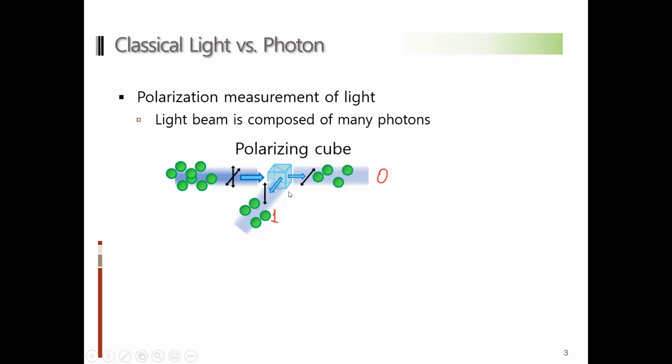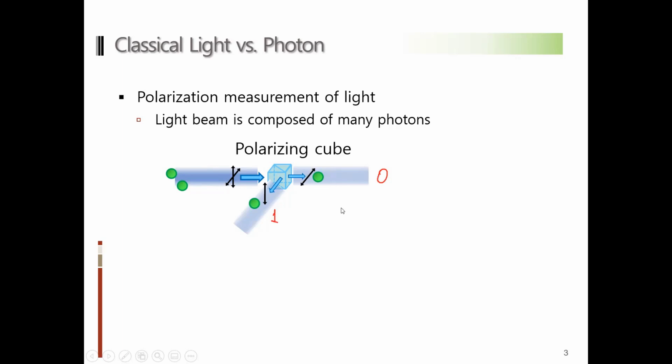But we can imagine attenuating the power of this laser or light. If it is only half of them, then the number of photons being reflected will be half, and transmitted will also be half. And if we reduce the number of incoming photons even further down to 2, then on average only one of them will be reflected and one of them will be transmitted.